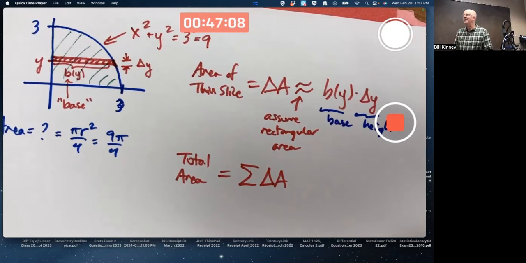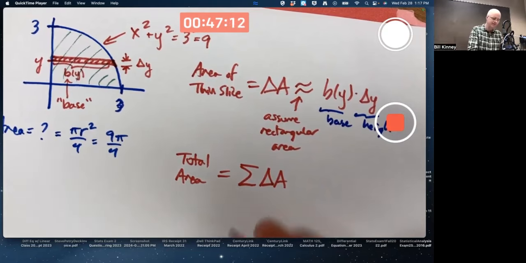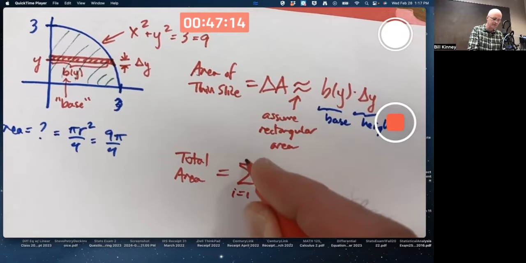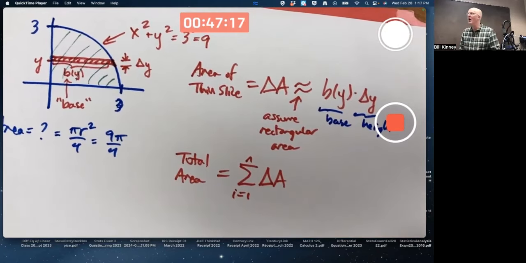Should I write i goes from 1 to n? The book does at first, and so I will at first. But in the long run, they say, why bother? Because we're not really trying to do numerical integration here. We're trying to figure out what integral to do to get the answer.